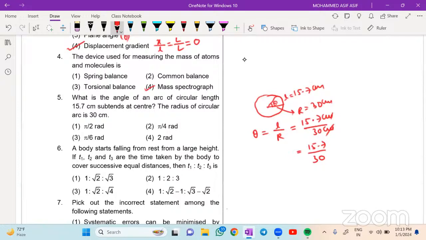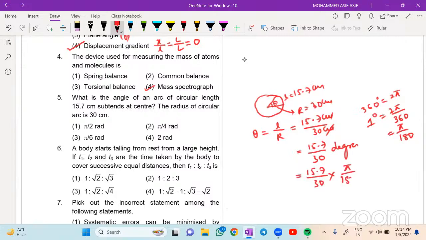If we want theta in degrees, we know that 360 degrees equals 2 pi radians. So 1 degree will be equal to 2 pi divided by 360, which is pi by 180. So this will be 15.7 divided by 30 multiplied by pi by 180. Check how much you are getting.